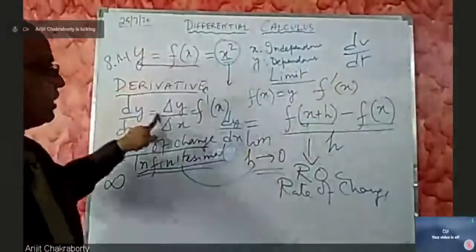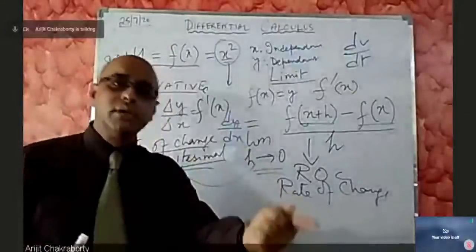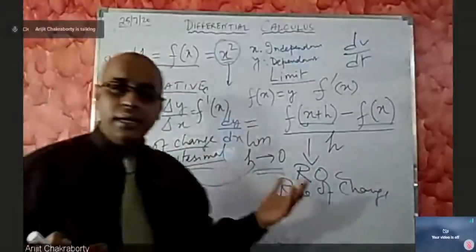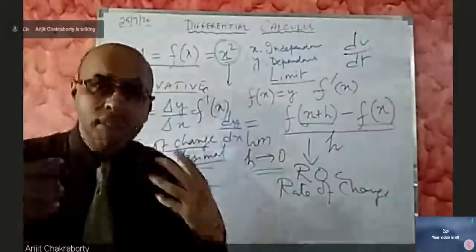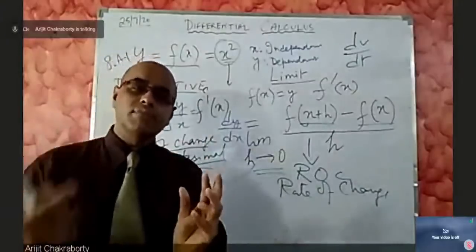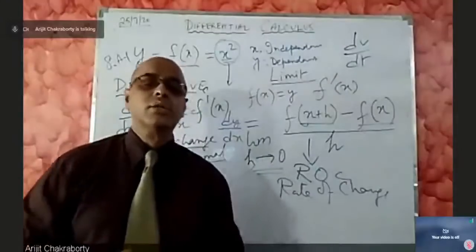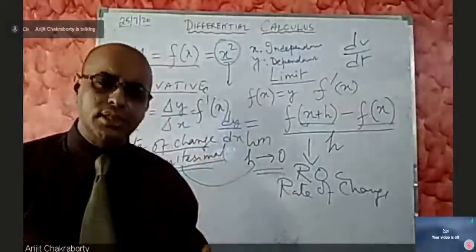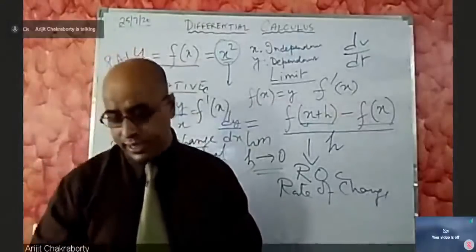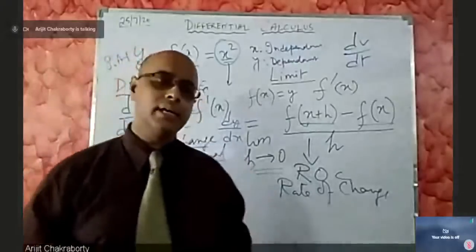Here dy by dx measures the rate of change in y due to a change in x, and similarly marginal propensity to save is shown by the rate of change. We always try to measure the rate of change in savings due to a change in the income of a person. So this is rate of change, right? Now that means two things here.